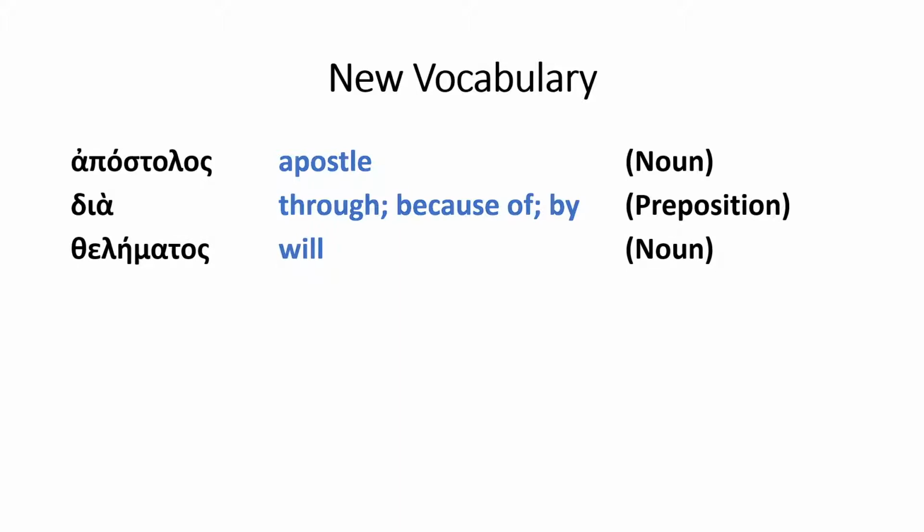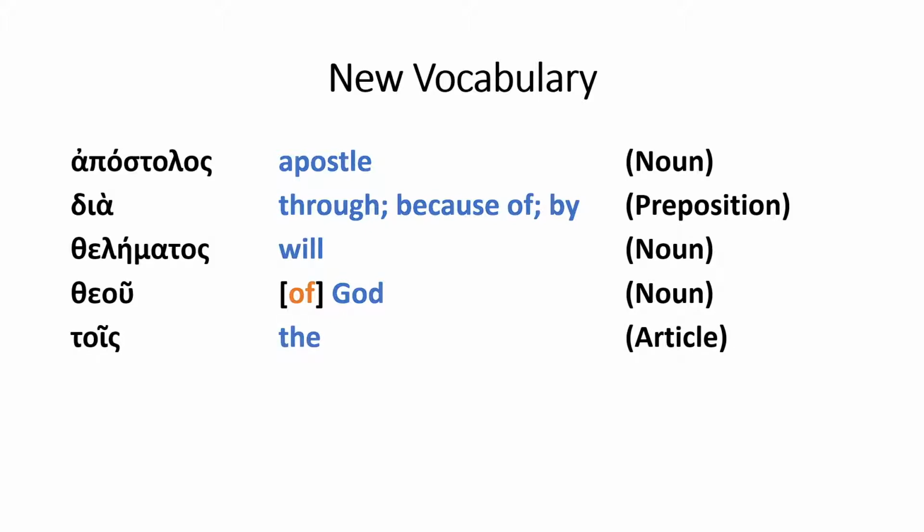Thelematos means will. Now, just to be clear, this means will in the sense of intention. Thelematos. Theou, of God. Theou. Tois means the, or is often translated as the.